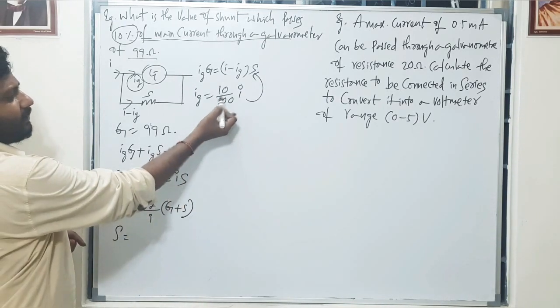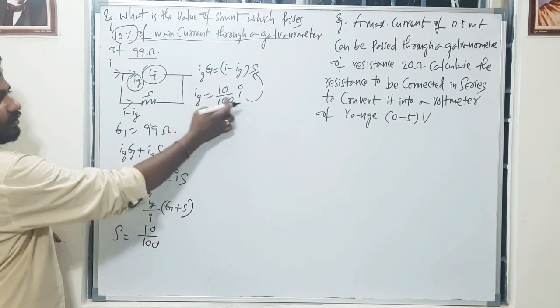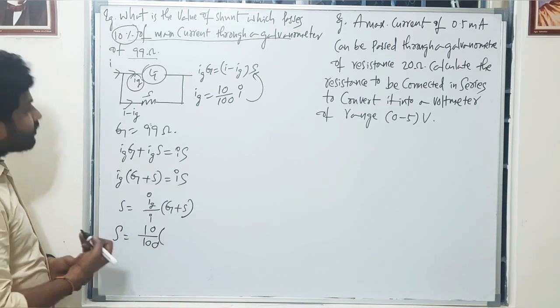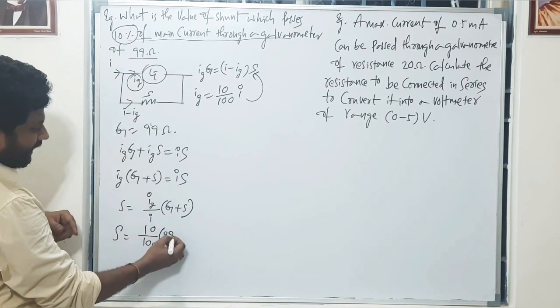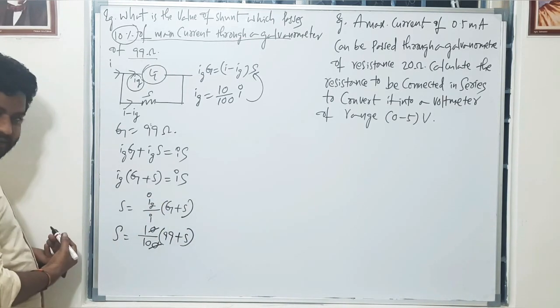Ig by I, it's clearly mentioned. Ig by I is 10 by 100, clear. This I comes here, 10 by 100 into G plus S. So what is our G? It's 99 plus S. Okay, so the zero gets cancelled.